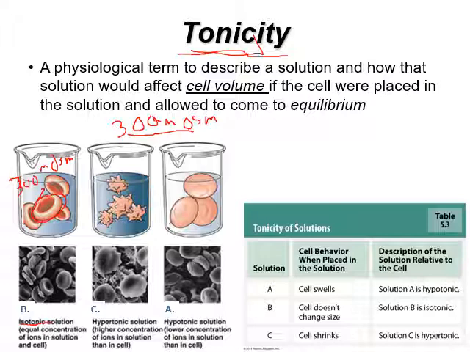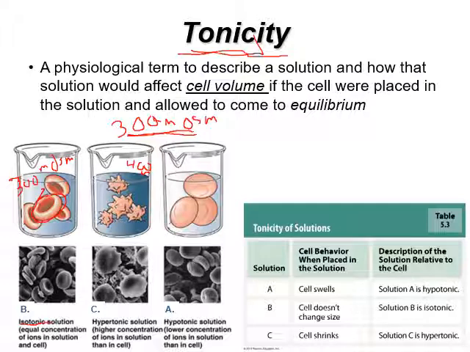So let's say our solution out here had 400 milliosmoles. And what did our cells have? Our cells had 300 milliosmoles. In that case, there is more solutes outside than inside. And where's water going to be drawn?